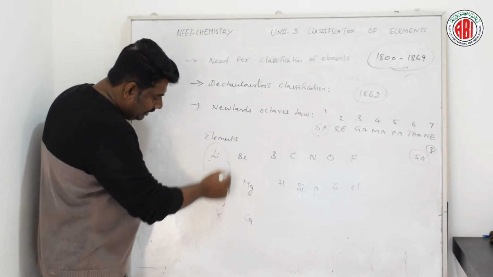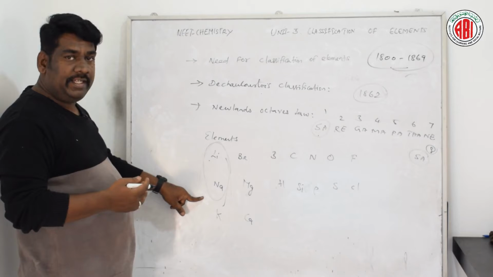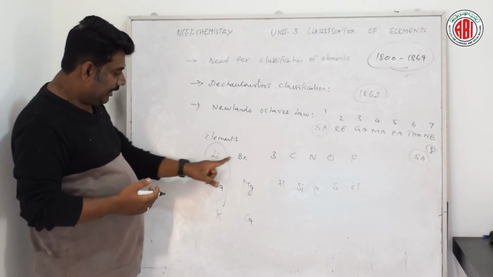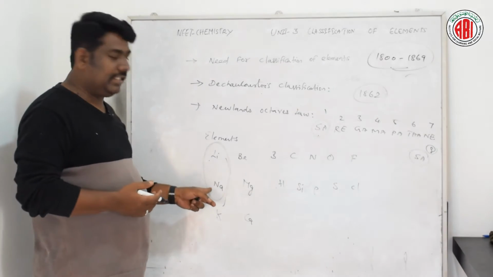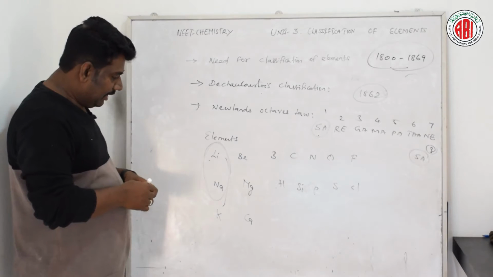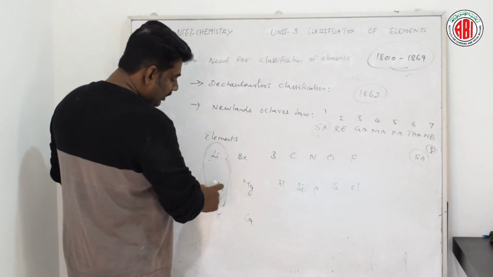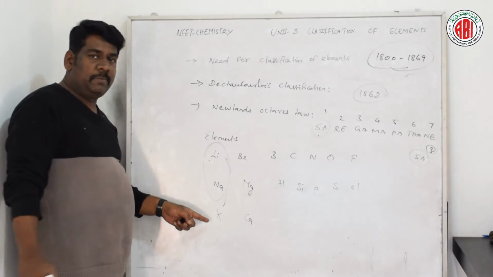See here, these three are repeating for every eighth element: lithium, then followed by 1, 2, 3, 4, 5, 6, 7, and the eighth element is sodium. Similarly, from sodium, if you count 1, 2, 3, 4, 5, 6, 7, the eighth element is potassium.